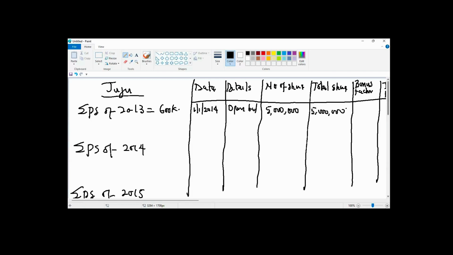Then what happened? In February they made the right issue, 1st of February 2014, a right issue of 1 share for every 5. But you now come to additional information 4. It says the last day to exercise the rights was 1st of March 2014. After this day, no more.